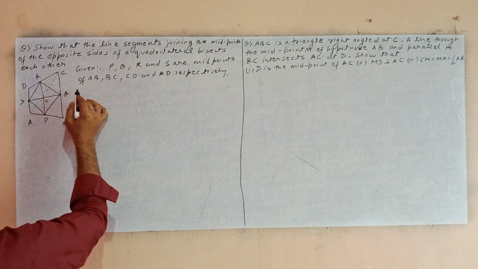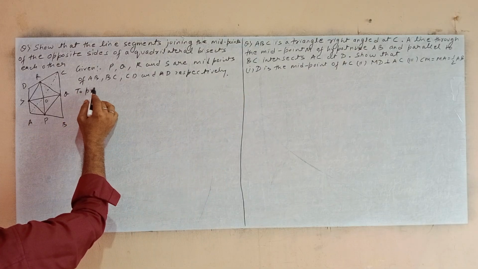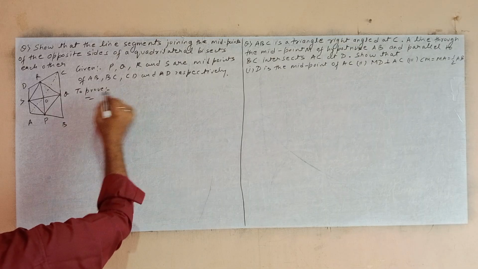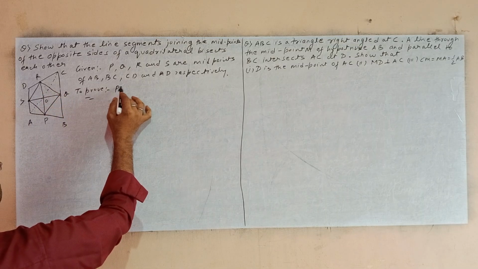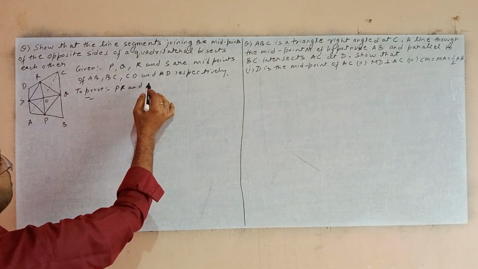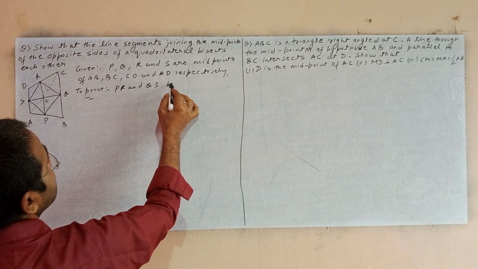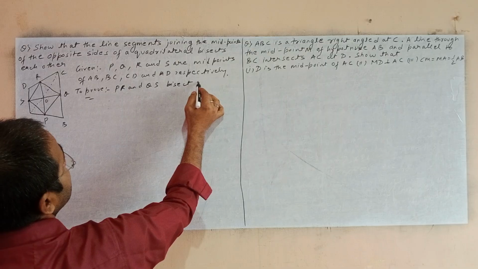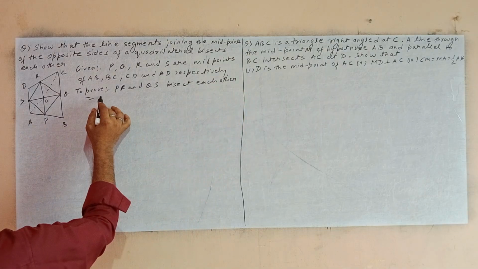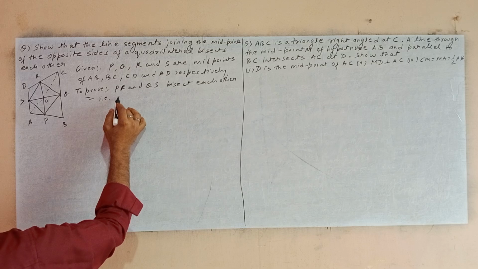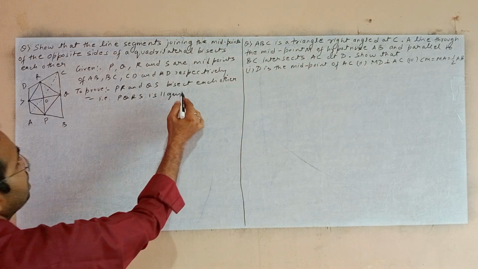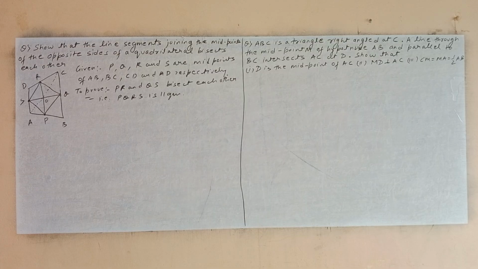You have to prove PR and QS bisect each other. That is, you can say that PQRS is a parallelogram. Means indirectly you have to prove that PQRS is a parallelogram.